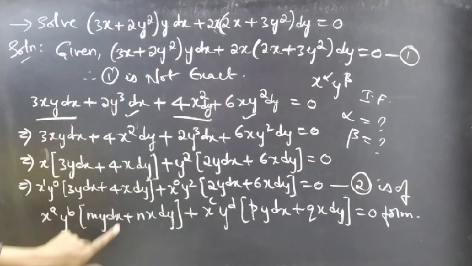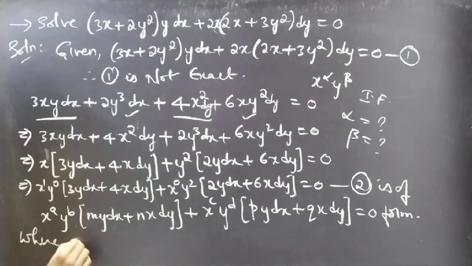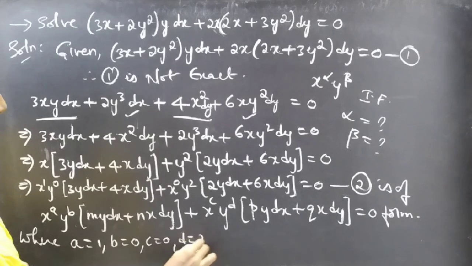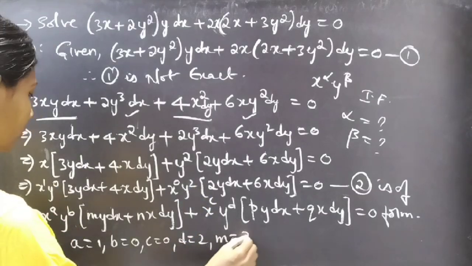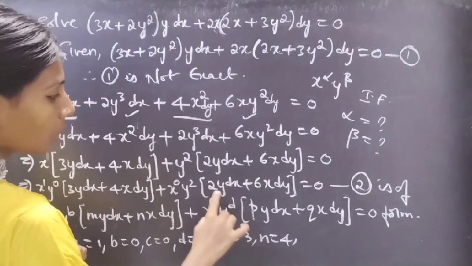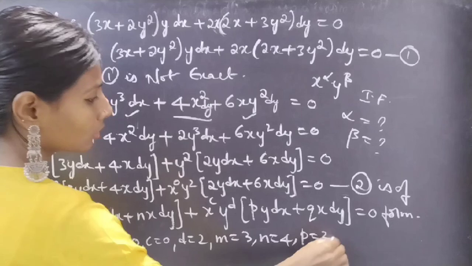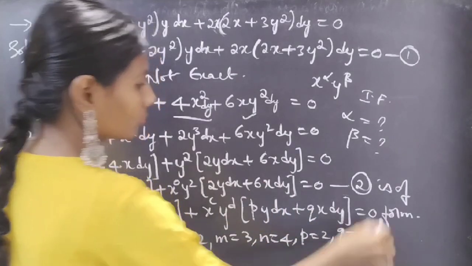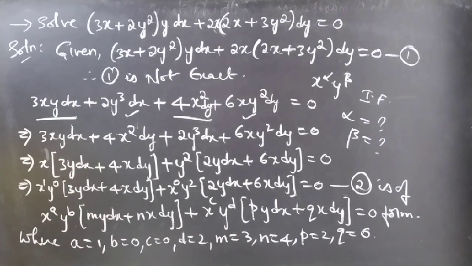Say equation 2 is of this form, where a equal to 1, b equal to 0, c equal to 0, d equal to 2, m equal to 3, n equal to 4, p equal to 2, q equal to 6. Right?